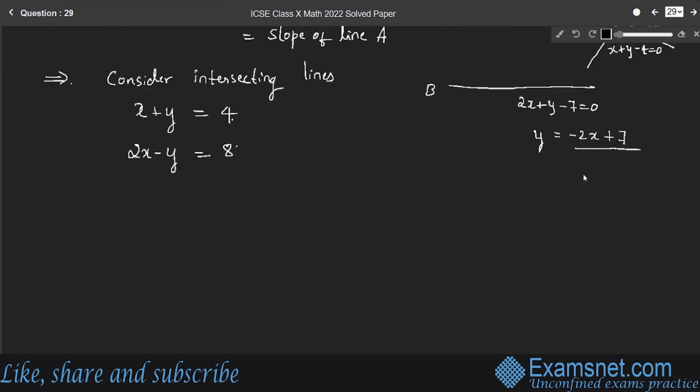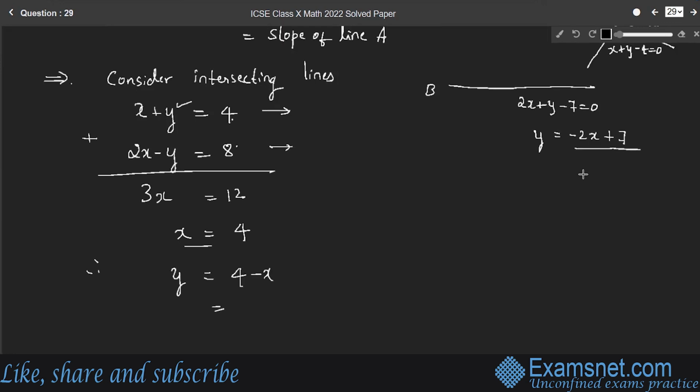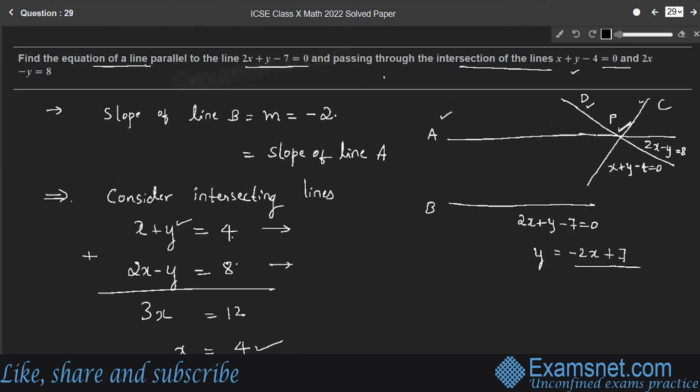Let us add these two lines. You'll get 3x is equal to 12. Therefore, the value of x is equal to 4. Substitute the value of x in any of the equations, so y is equal to 4 minus x, which is 4 minus 4 is equal to 0. So x is 4, y is 0. These are the coordinates of the point of intersection, which is P.